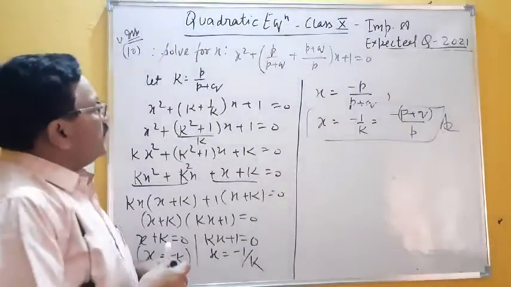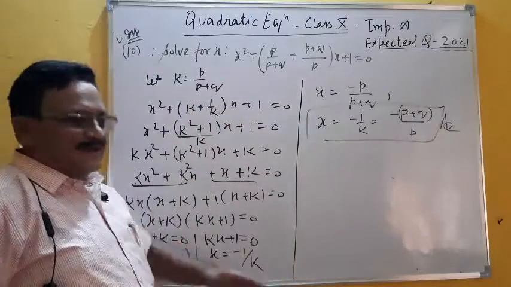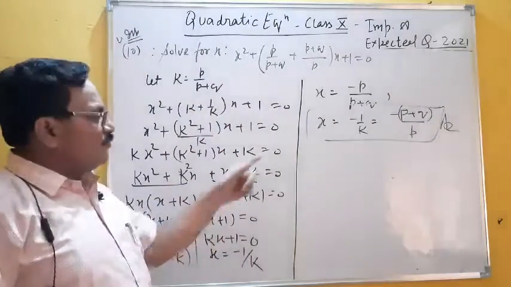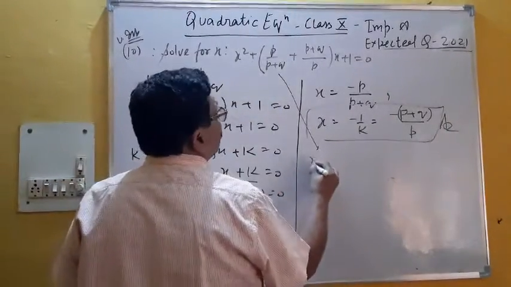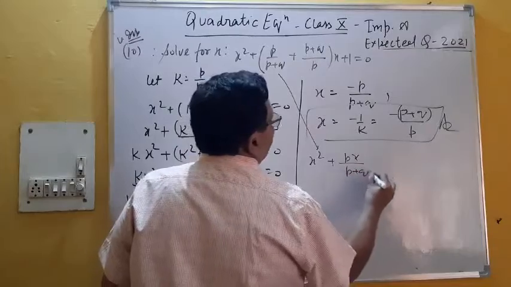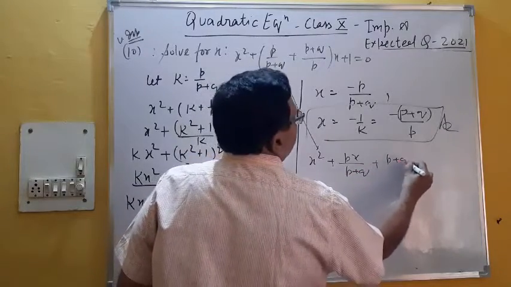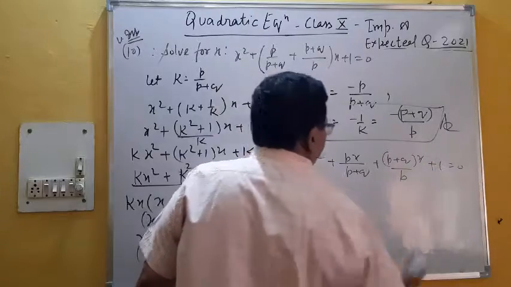Children, this does not mean that you cannot solve this question by taking this term directly. You open it, but somewhere plus minus. If you want, I can solve this for you. Suppose I am solving here. What will I get? x square p x p plus q p plus q x upon p plus 1 equal to 0.